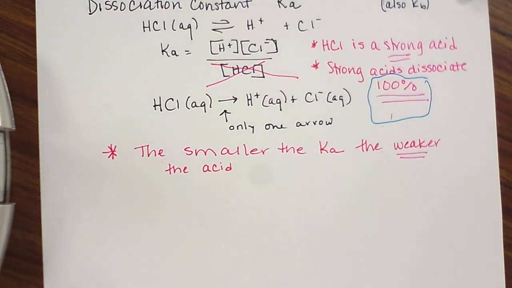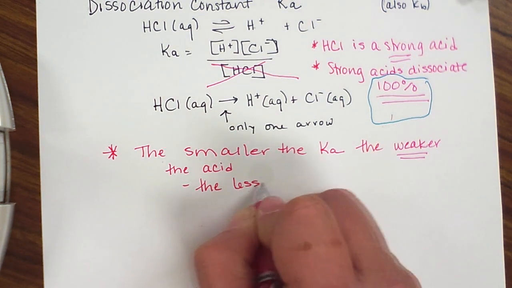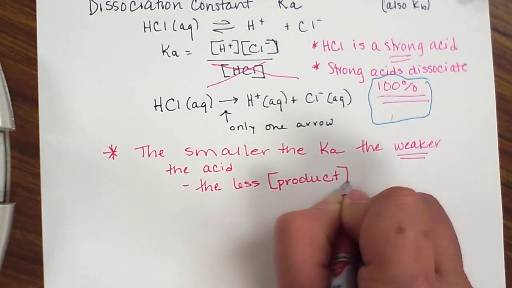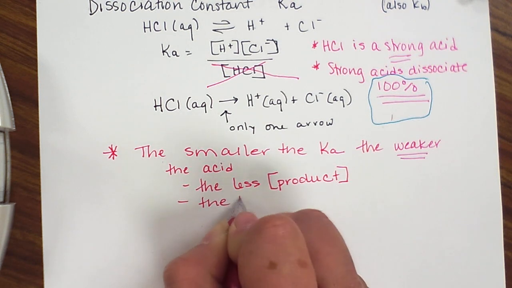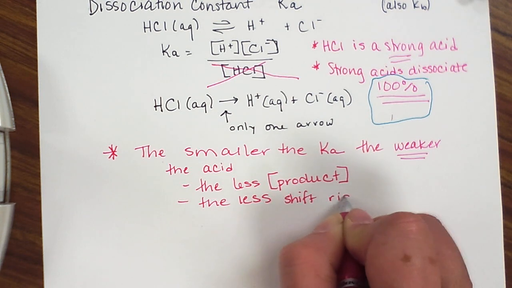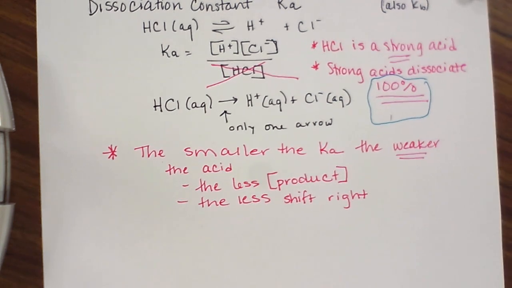So therefore, the less the percentage of ionization, the less it's moving over to the right. And so that's why it's weaker, because the Ka of the stronger acids are shifting all the way to the right. Is everybody starting to put all this together?